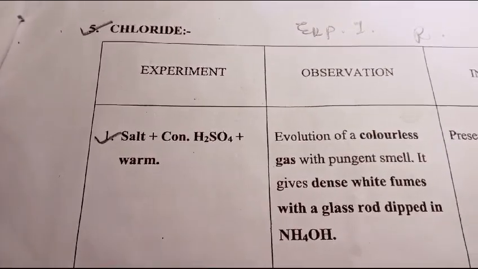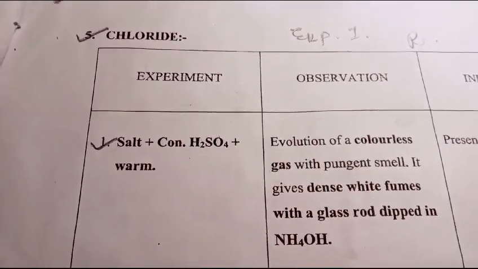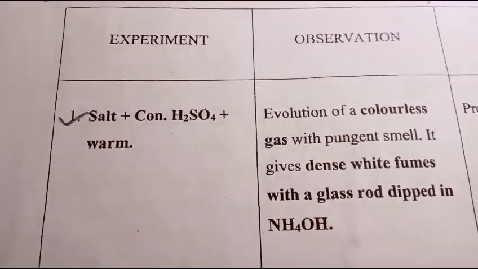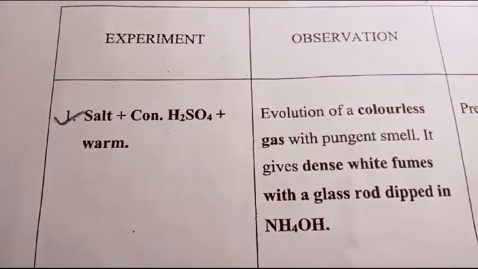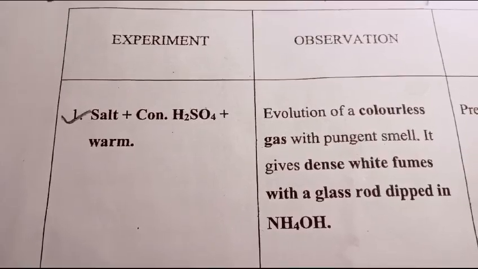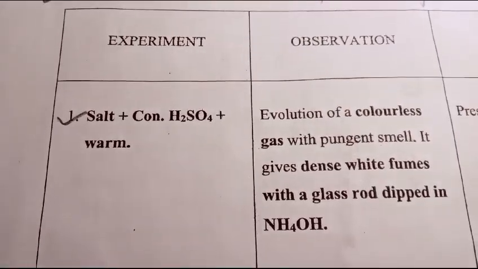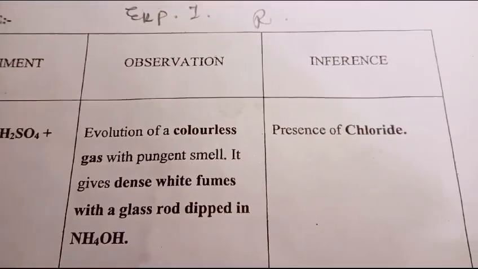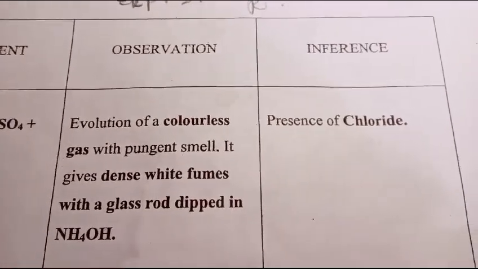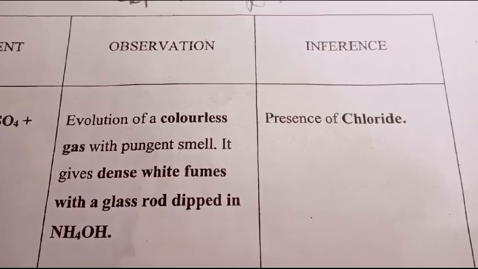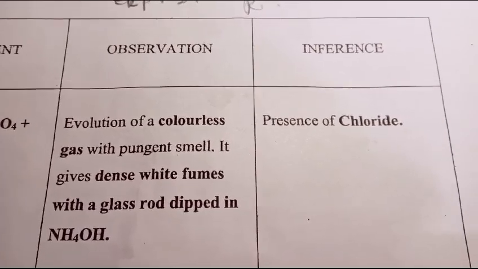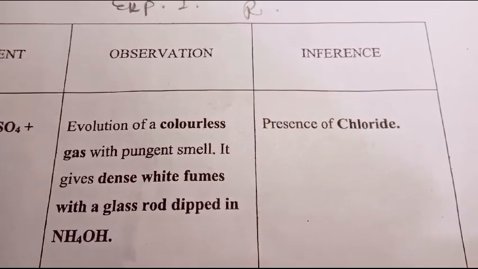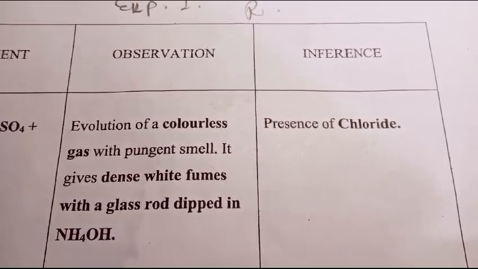For the chloride, that is the anion, the experiment is: take a fresh test tube, add 1 or 2 spatulas of salt, add concentrated H2SO4, sulfuric acid, and warm it. You will observe a colorless gas with a pungent smell, and it gives dense white fumes with a glass rod dipped in ammonium hydroxide.